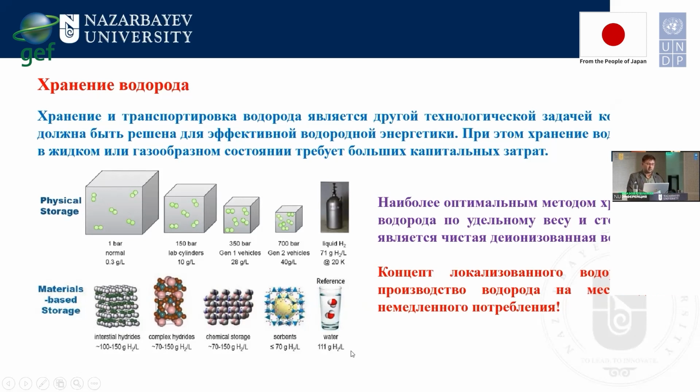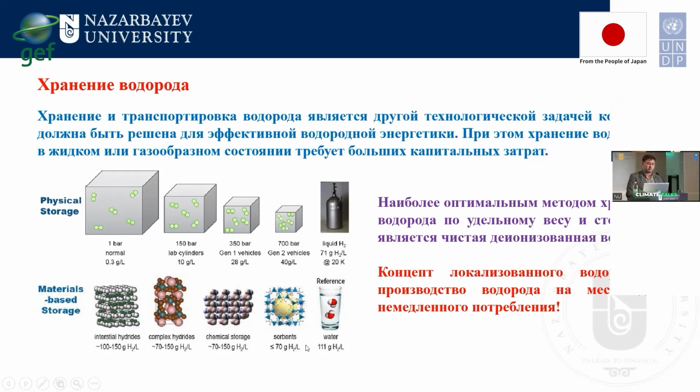If we compare the effectiveness of storing hydrogen in such materials, they do not cost much cheaper for you, but in terms of quantity, they cannot really compete with clean water, because water gives you around 111 grams per liter, and here you have a lot of hydrates which are synthesized all the time from 100 to 150, so the difference is not very big.